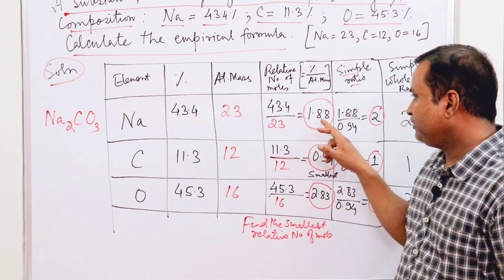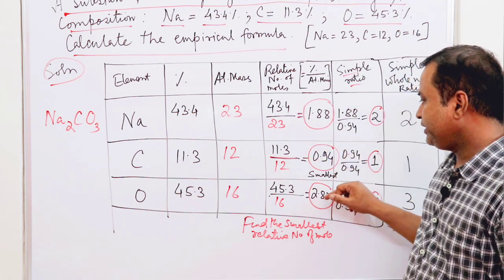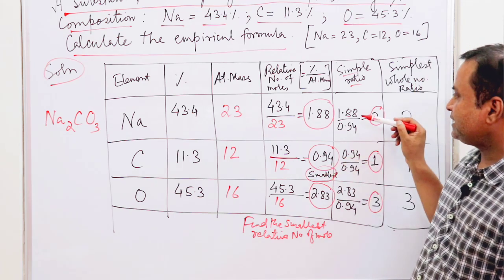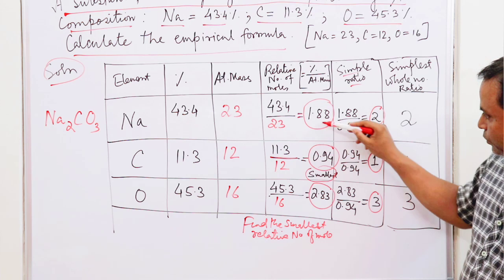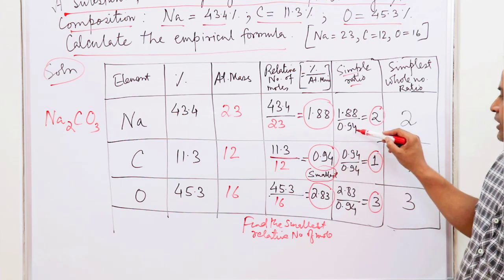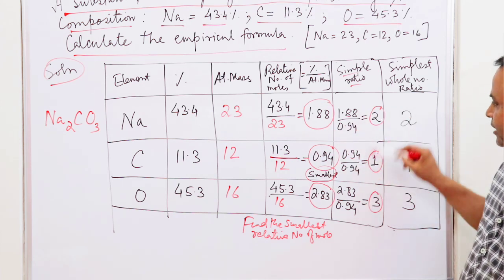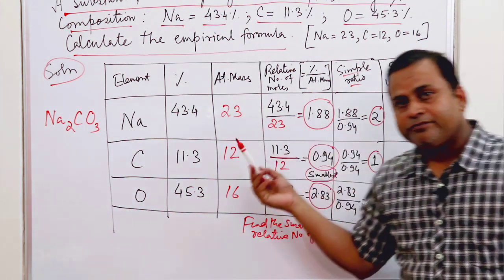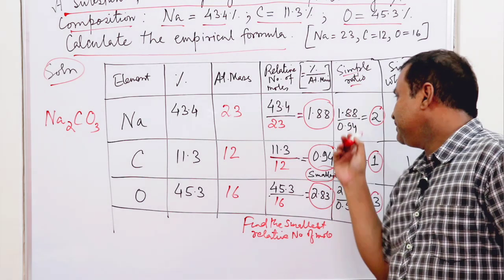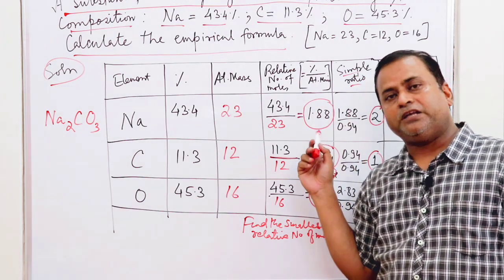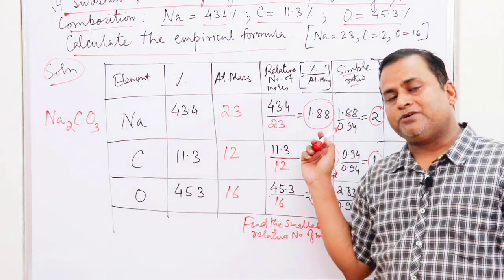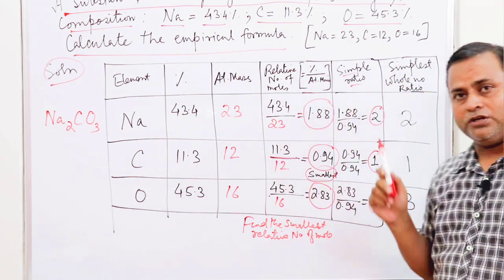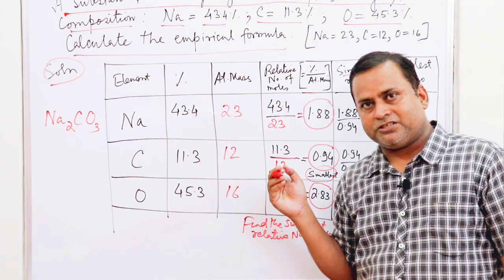We find that out of 1.88, 0.94 and 2.83, 0.94 is the smallest. So in the next step, we divide all of these by 0.94. When we divide them, we get the ratio 2, 1, 3. Sometimes you may not get a simple ratio, you can get a fraction. In such a case you have to multiply by some other number to change it into the simplest whole number ratio, but that case does not come here.